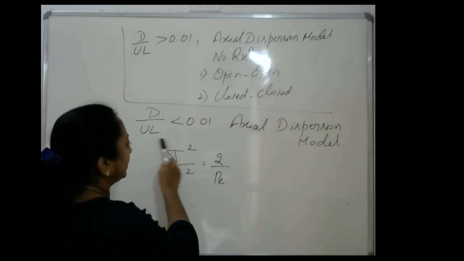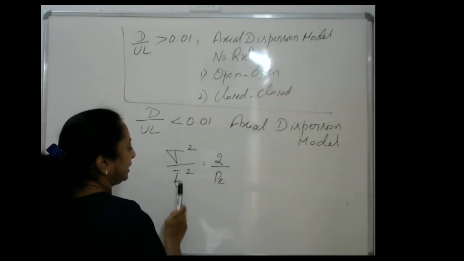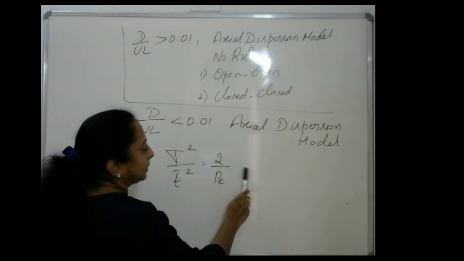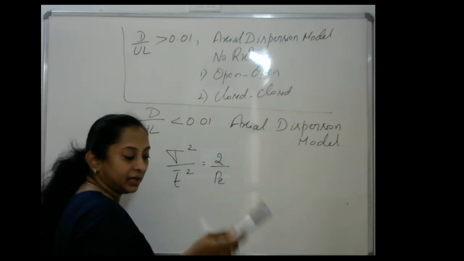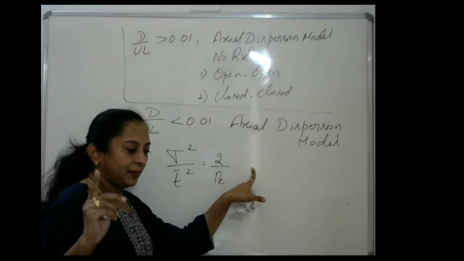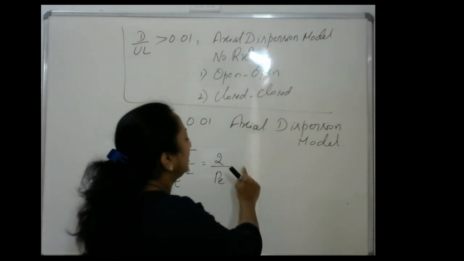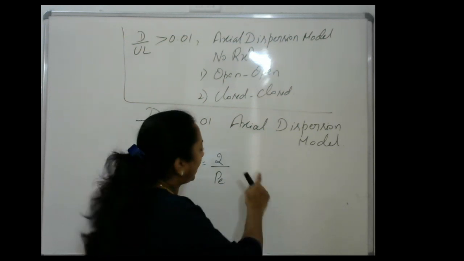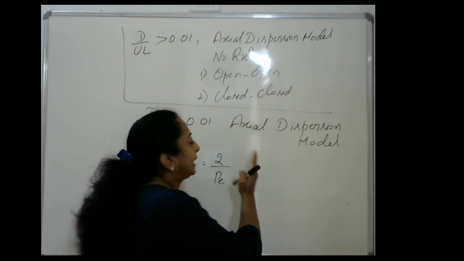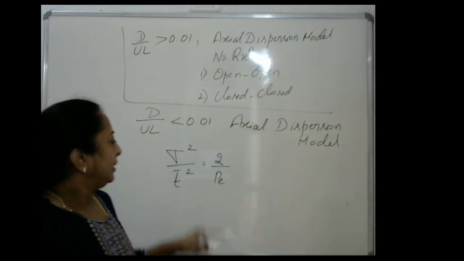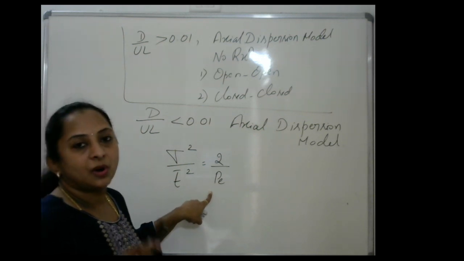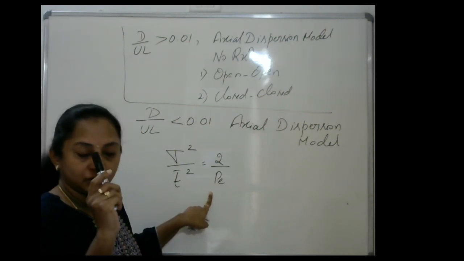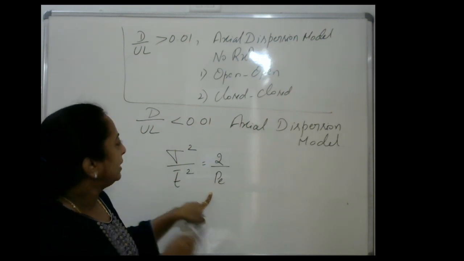So your equation reduces to sigma square by T bar square is equal to 2 by P. In the closed vessel you had minus something, and in the open vessel you had plus something, so that second term is not there. Just observe, this first term remains common for open vessel and closed vessel as well.